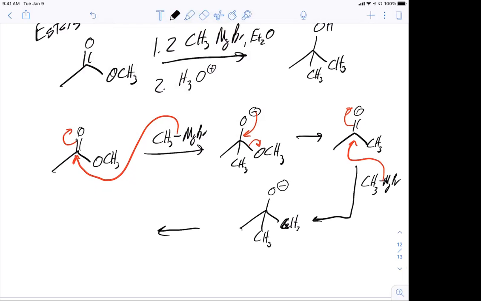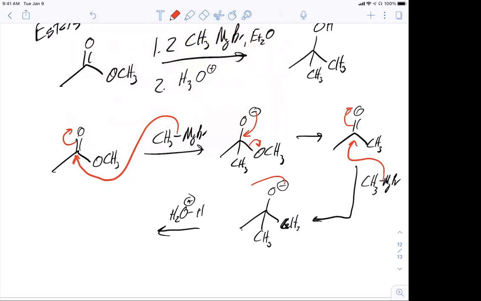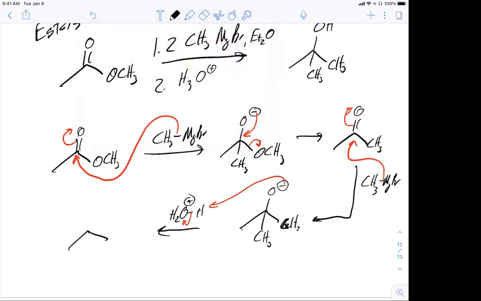And then second step, we add in our proton source. So we get a proton transfer. Oxygen negative picks up the proton. This is all first step, and then this is second step.